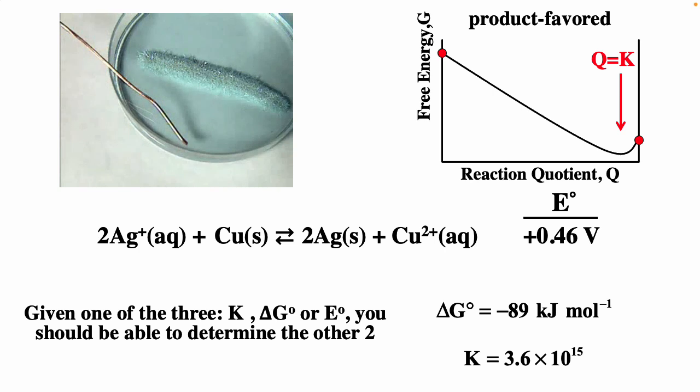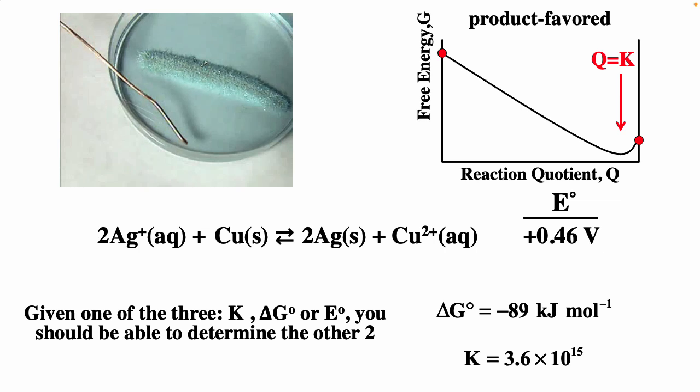Here we see the contrast of the original copper wire to the wire after it has been in the silver nitrate solution. You'll also notice that the solution has turned from clear to pale blue. The copper metal has become the copper 2+ ion in solution, resulting in the blue color.